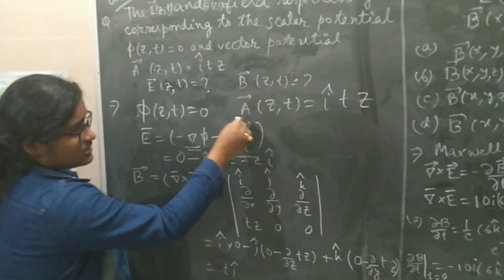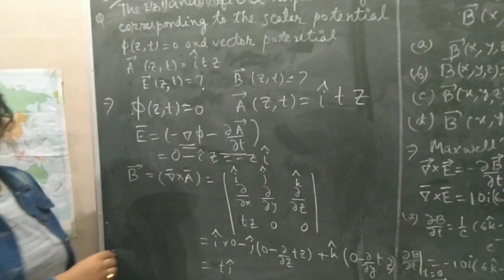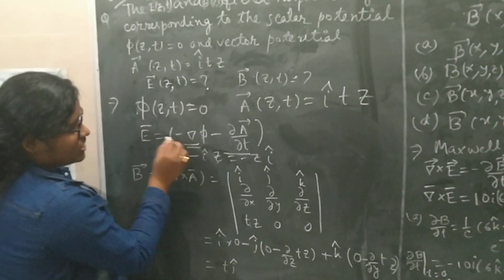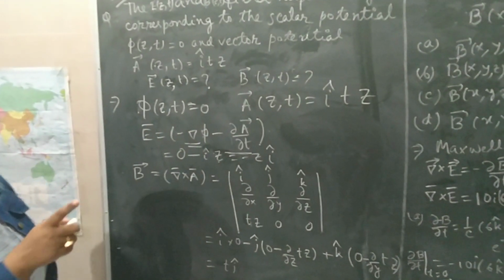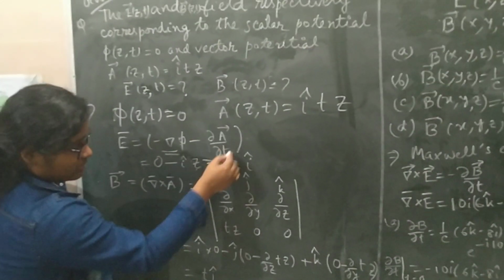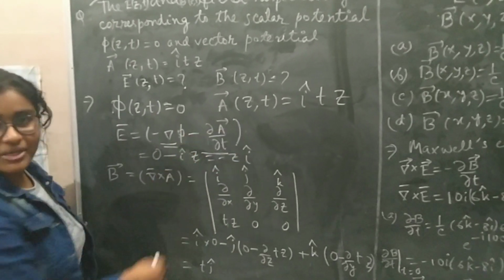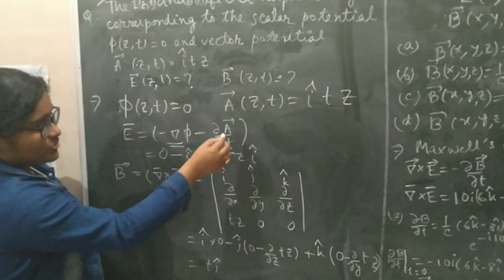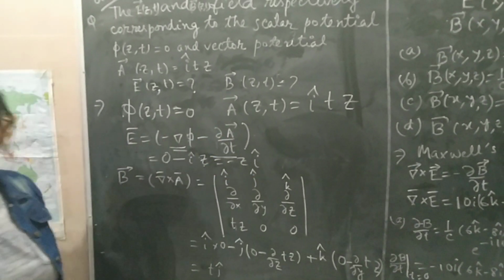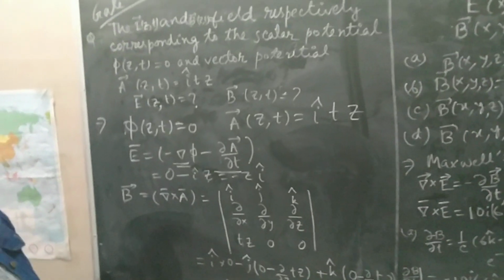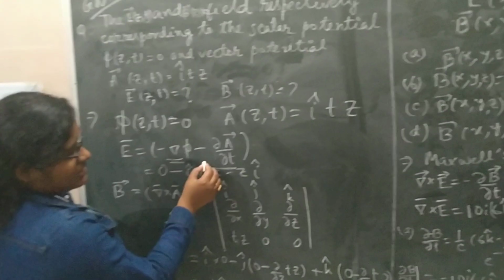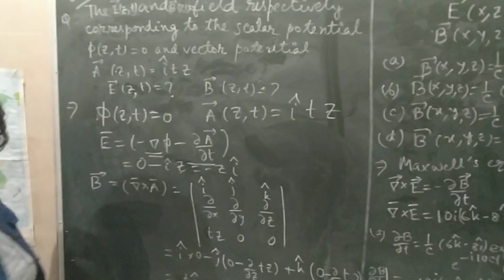This is the vector potential, this is the scalar potential, and the scalar potential is responsible for the static field. The term del A by del t is a dynamical term which varies with time, so it is responsible for the dynamic variation of the electric field. So E equals minus grad phi minus del A by del t.